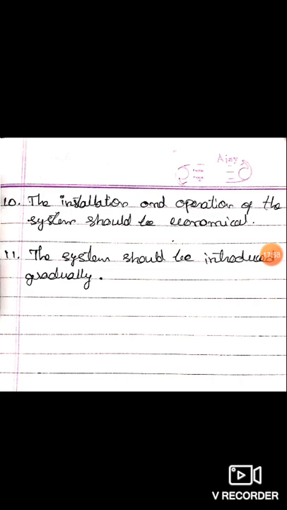Next step is the installation and operation of the system should be economical. Whatever costing system the company is installing, it should be economical, because it should not be too expensive for the company. The main purpose of installing a costing system is to reduce the cost. If the costing system is costing more expenses, there is no use of installing it in the company.